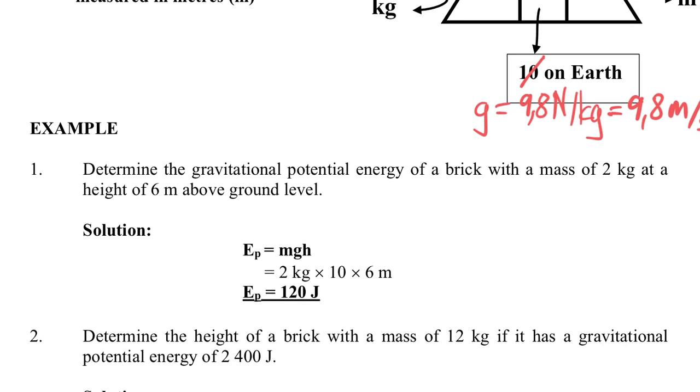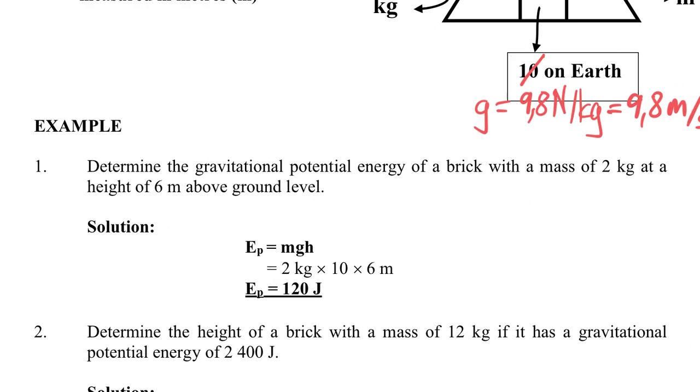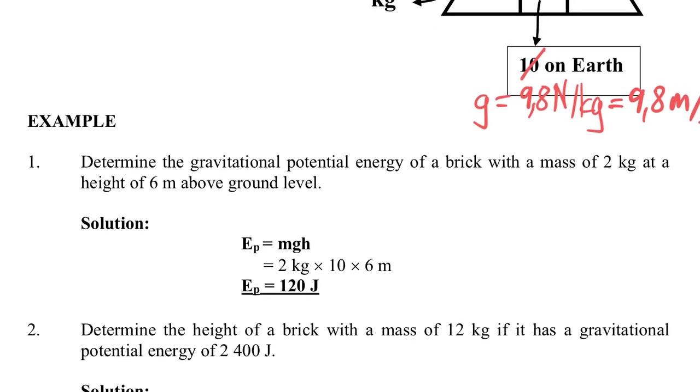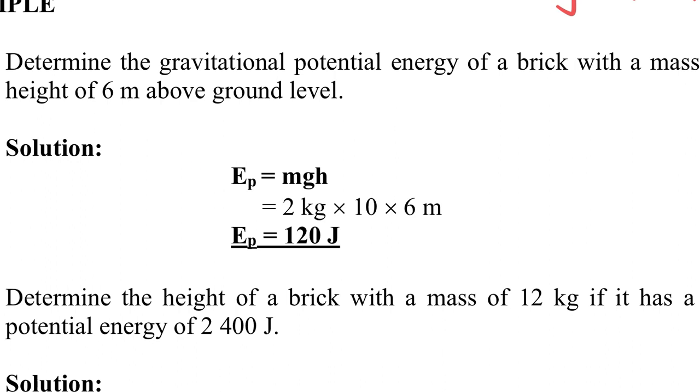So in your notes, I have the example here of determining the gravitational potential energy of a brick with a mass of 2 kilograms at a height of 6 meters above ground level. So, as you've been taught in physics, step number 1 is we write down the formula, EP equals mgh.